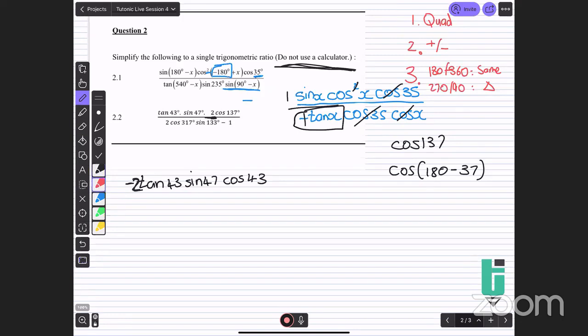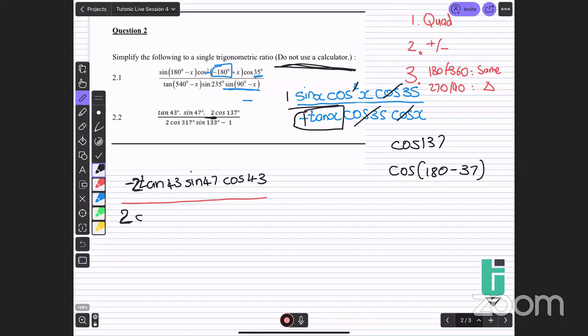What about cos 317? 360 minus 43 gives you 317. You guys see how you're linking it now?